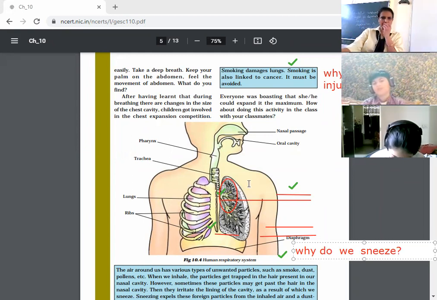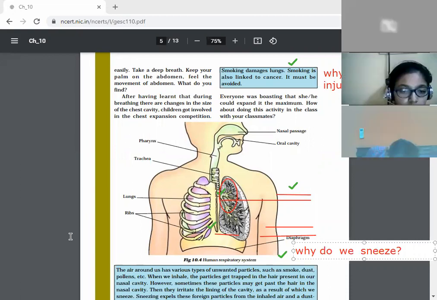Why do we sneeze? Okay, so you can frame two extra questions over here. Yes, Mahi, continue reading this paragraph, which is below figure 10.4.